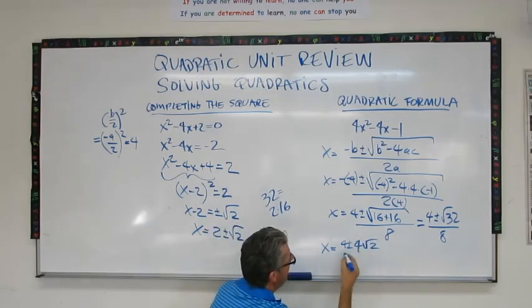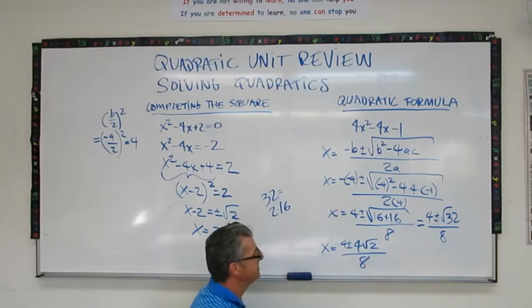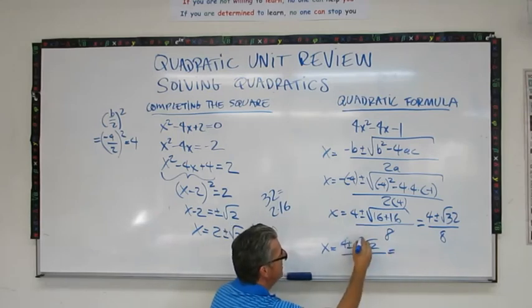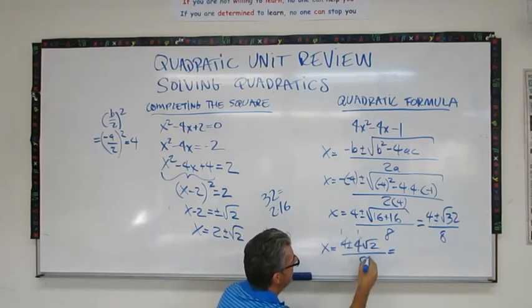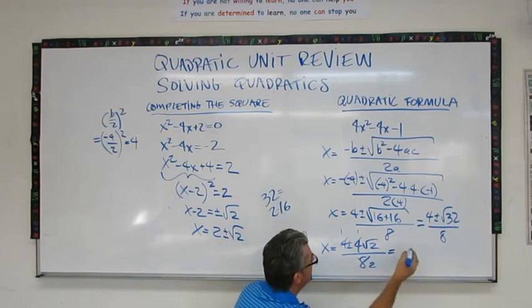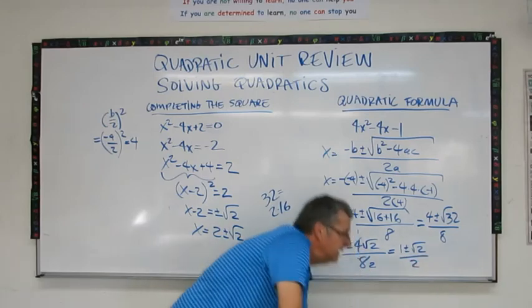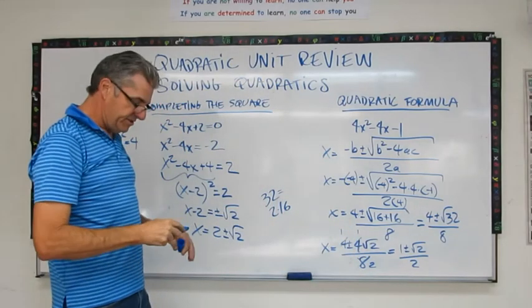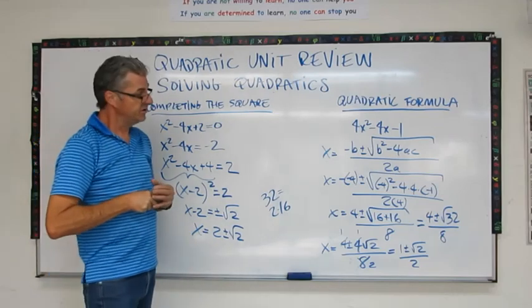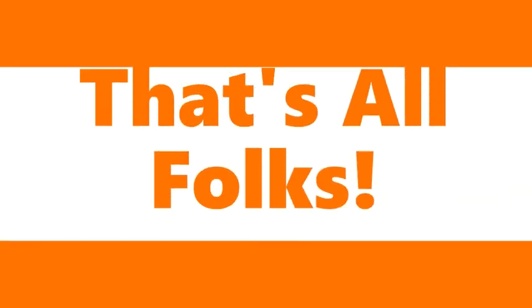And my 2 is what's left, all over 8. Now this is going to reduce down. These go down to 1 and this would become a 2. So I have 1 plus minus root 2 over 2. That gives you your typical ugly answer, but that is the solution for that quadratic.